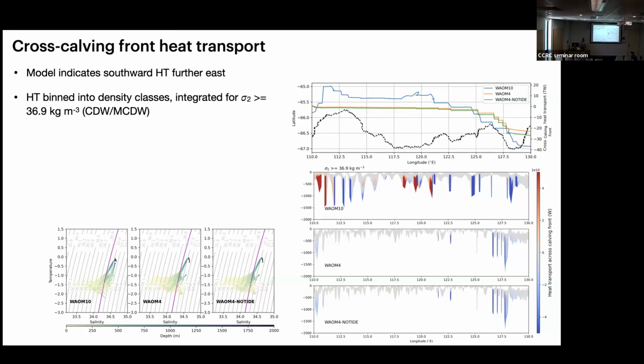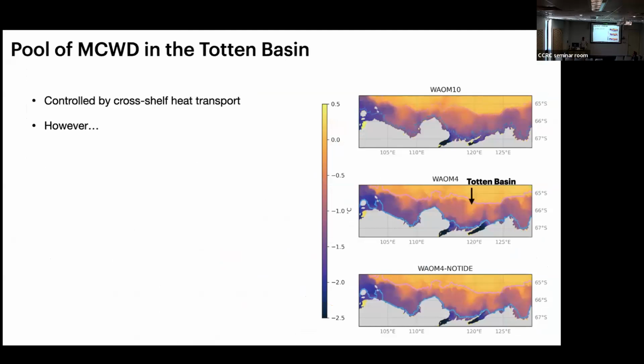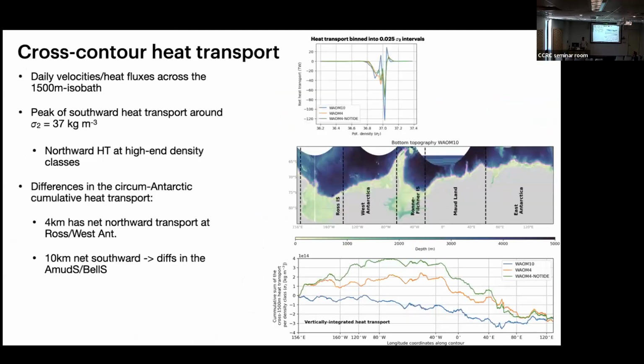Any more questions? In the very beginning, you also showed that circumpolar map, and it looked like in West Antarctica you had a lot of northward heat transport. Is that correct, in the high resolution? I was confused about that. Right, so the thing is, you see from the previous talk that they have more circumpolar water going onto the shelf here.